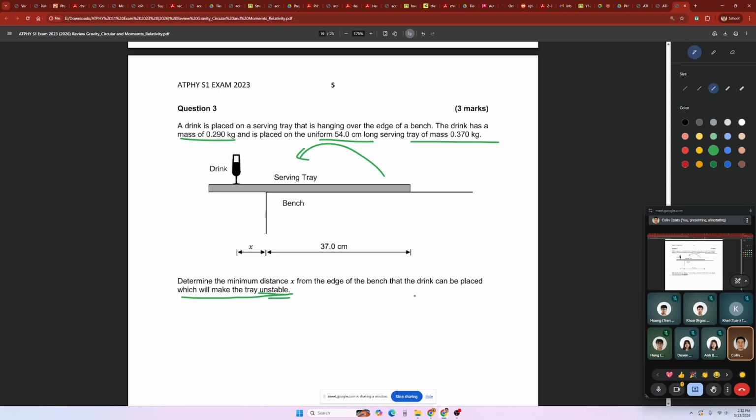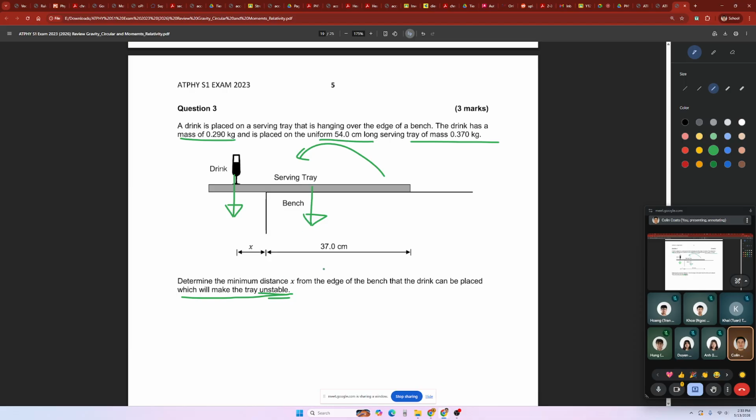Okay. So where is our pivot going to be? Where are the forces? So we're going to draw where our forces are. We have the drink. We have the tray.